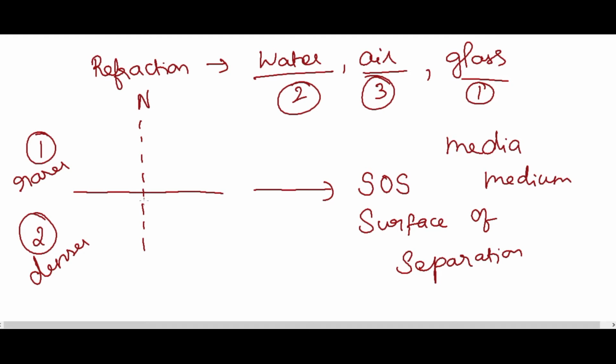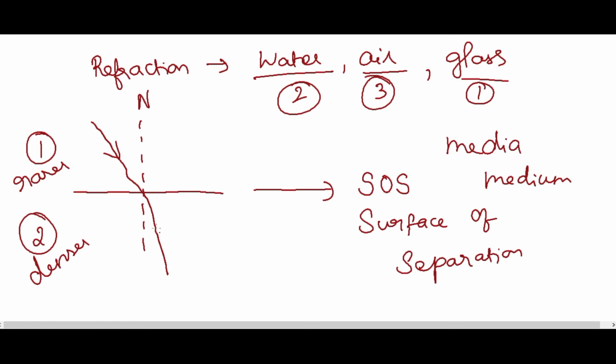It is our imaginary reference line, so we give it a dotted representation. Now a light ray is incident over here, and you must mark the arrow mark also. You must guess whether the light ray after refraction will bend towards the normal or away from the normal. That is the question. It will bend towards the normal.